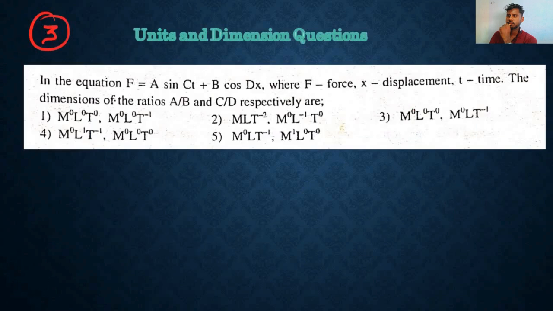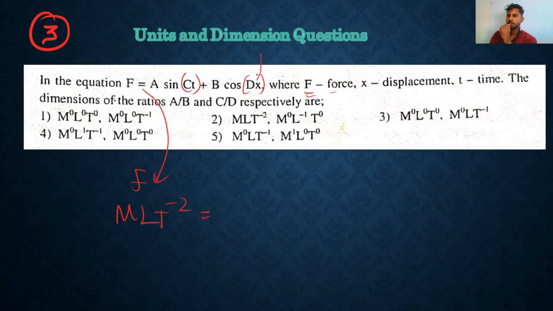Right, moving into the third question. In the equation F equals A sine CT plus B cos DX, where F is force. So F we know is ML T minus 2. These things you should know. And then X is displacement.